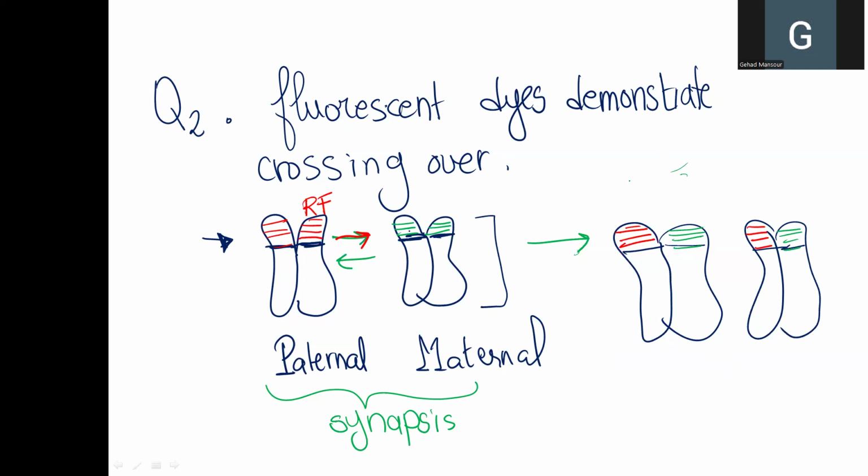So of course, here there will be written green fluorescent, green fluorescent, and here red fluorescent and red fluorescent. So this is an evidence that crossing over occurred and exchange of genetic material occurred.